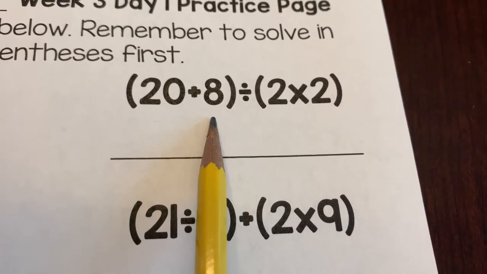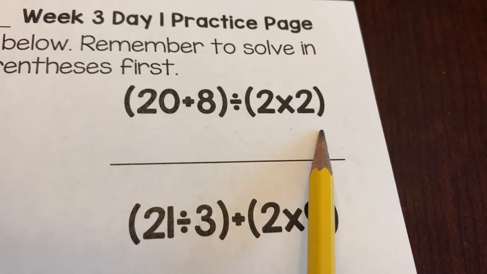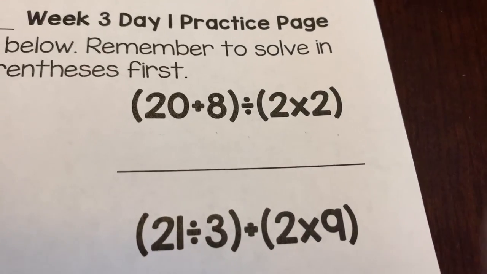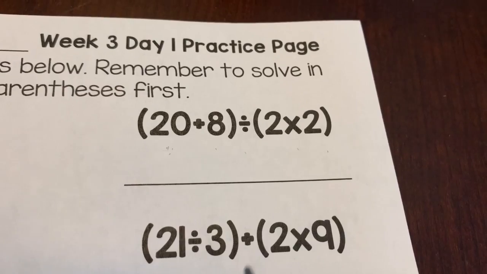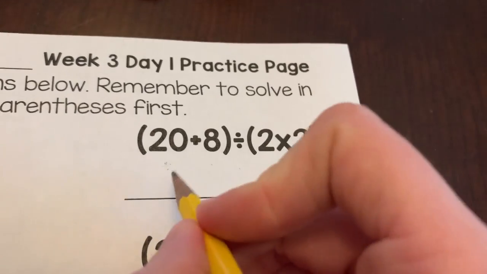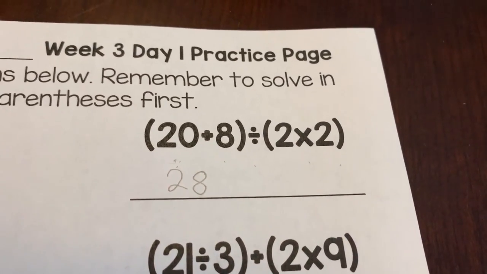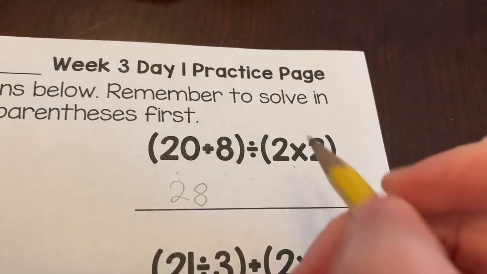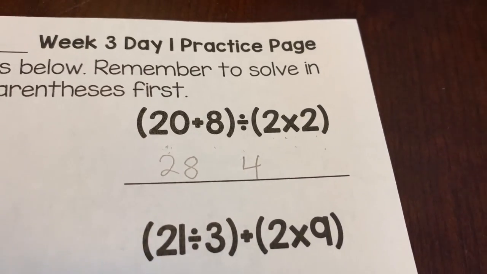Let's do the next problem together. 20 plus 8 divided by 2 times 2. Two sets of parentheses. Which one do we solve first? The one that's on the left. Good. 20 plus 8 equals 28. Second set of parentheses. 2 times 2 equals 4.